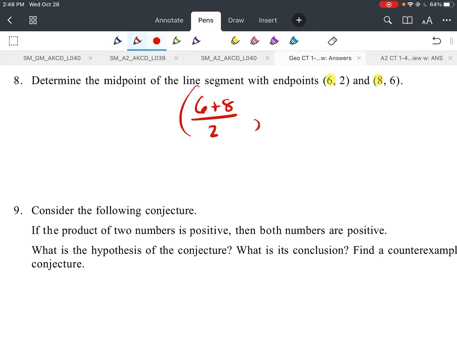Your y value, just add those up, divide by 2. So this 14 over 2 is 7, and 8 over 2 is 4. And there's your midpoint. So midpoint's easy, just average your x's, average your y's, and you're good to go.